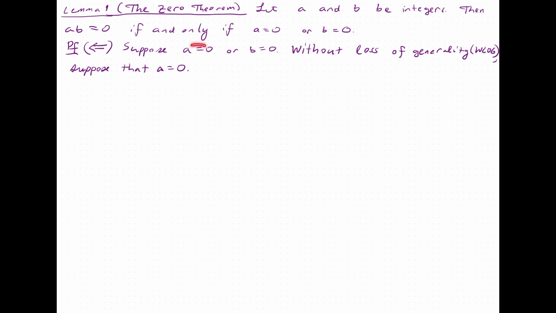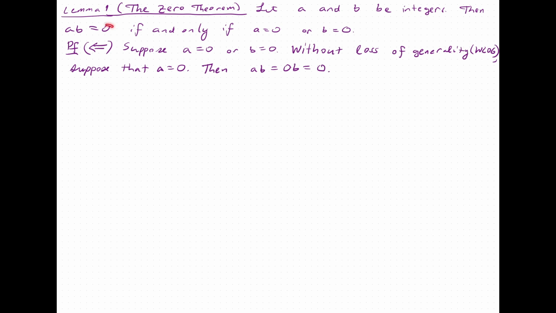And so we are only going to do one case, namely a is equal to 0. And so suppose a is equal to 0, then a times b is equal to 0 times b, which is equal to 0, which concludes this case.